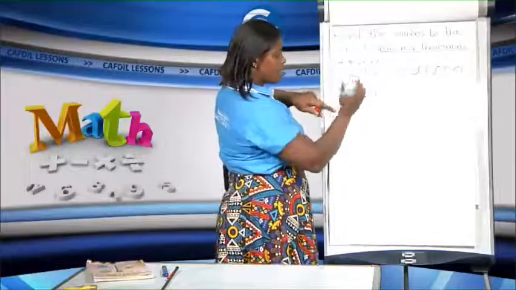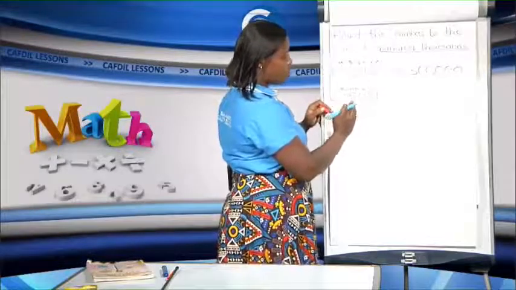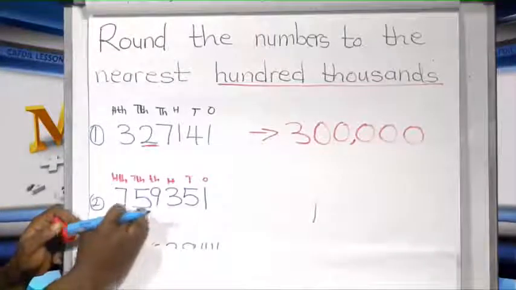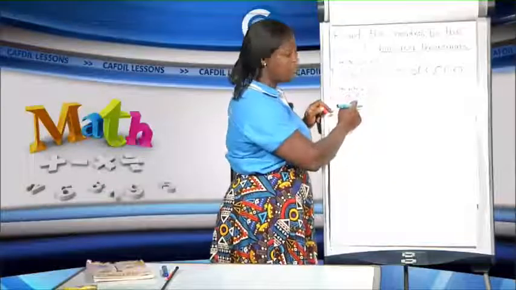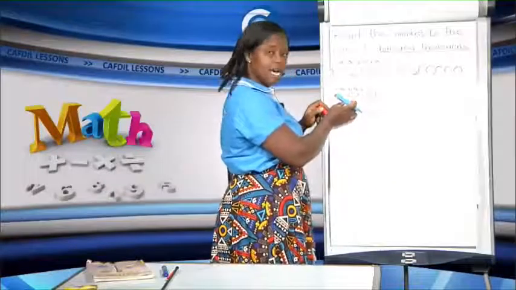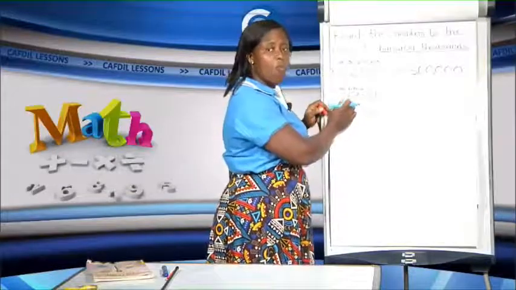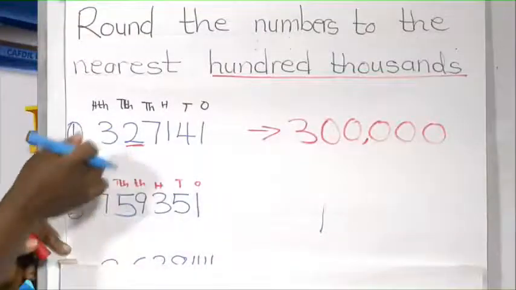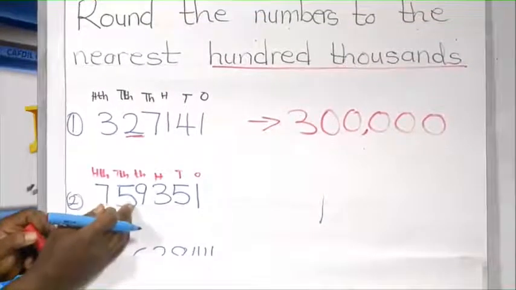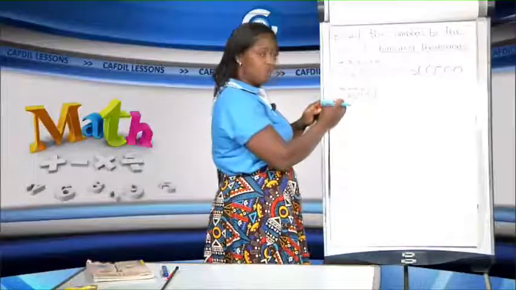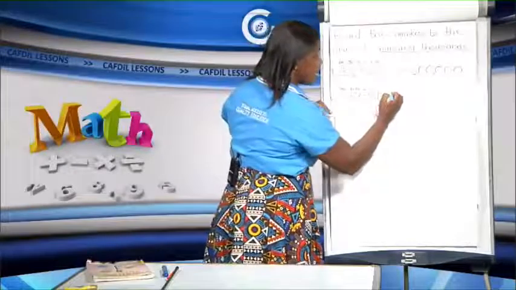So this 7, we are going right to the next door. It is 5. And what is the rule? If the number right to the number that we are looking at is 5 or more, we add 1 more to the number. When we add 1 to 7, we will get 8.